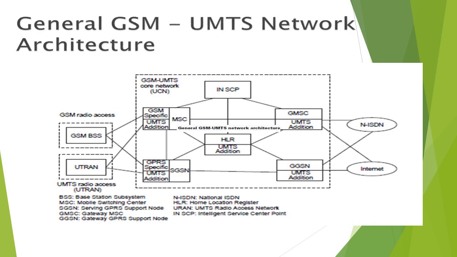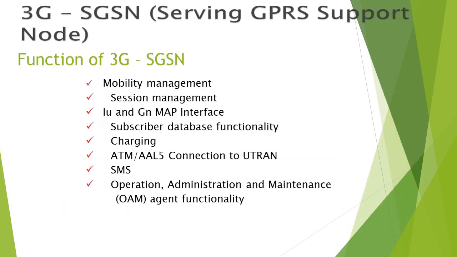This consists of the UMTS UTRAN network along with the additional network providing national ISDN, integrated services digital network, along with the intelligent network service control point, INSCP. So using this network we are able to establish communication through the global system for mobile communication through the 3G network architecture. So the 3G SGSN, serving GPRS support node, functions are mainly for mobility.